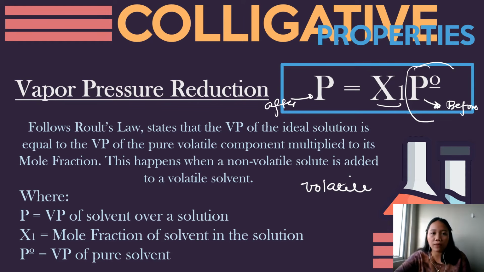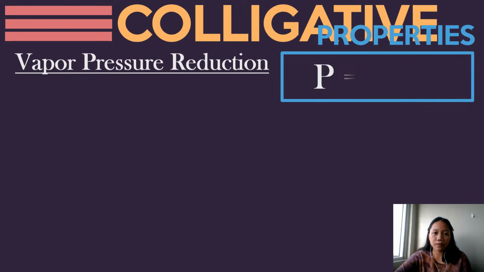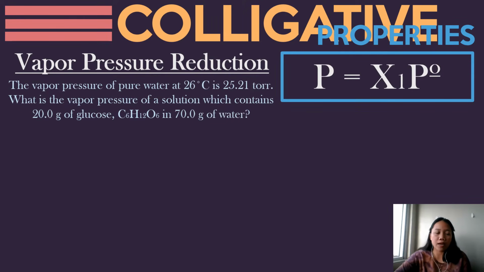So let's try solving one problem involving vapor pressure. We have here: the vapor pressure of pure water at 26 degrees Celsius is 25.21 torr. What is the vapor pressure of a solution which contains 20.0 grams of glucose, that is C6H12O6, and 70.0 grams of water?